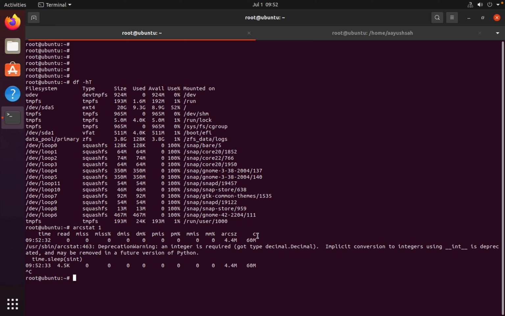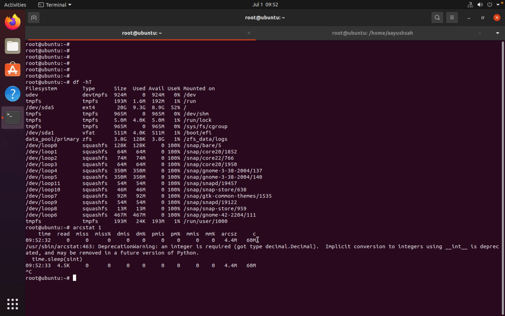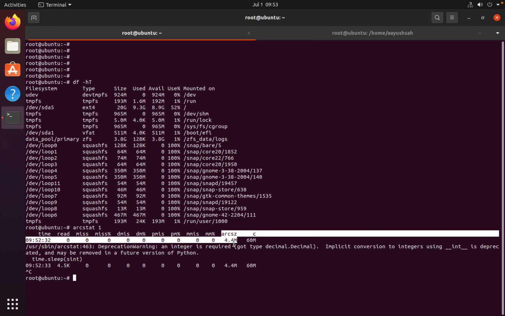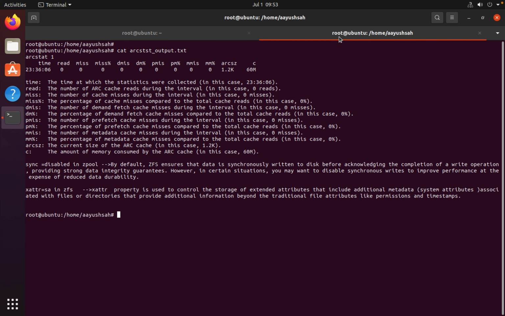So it's the total amount of memory allocated for the ARC, adaptive replacement cache, and from that cache around 4.4 MB is being used. Similarly we have different parameters here: time, read, miss percentage.